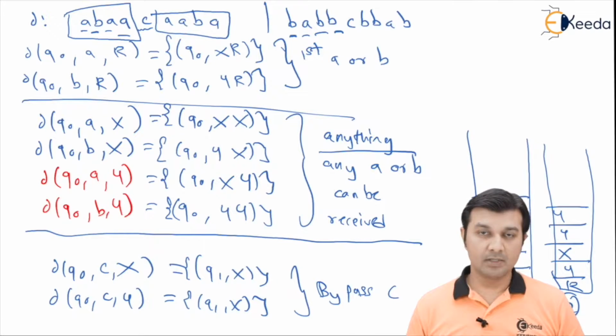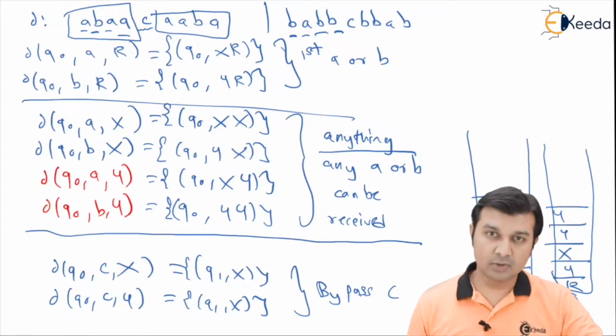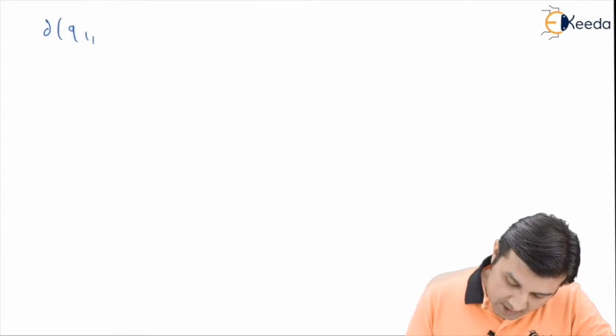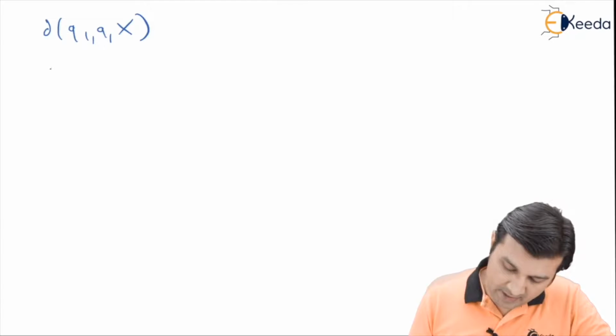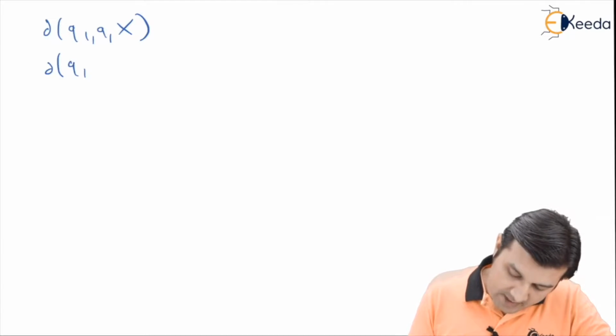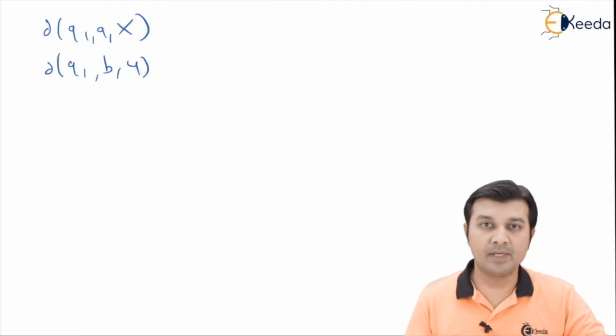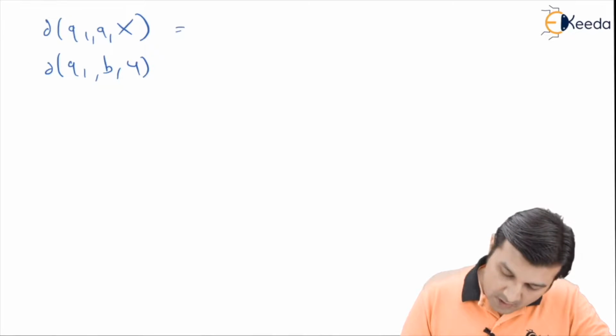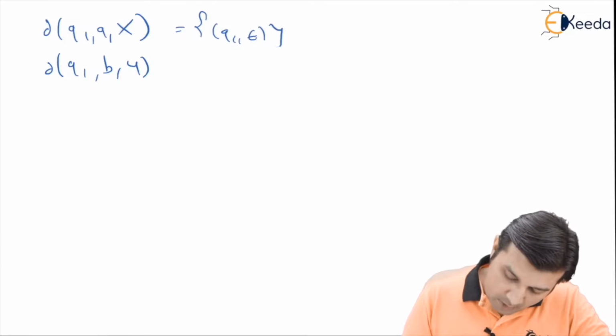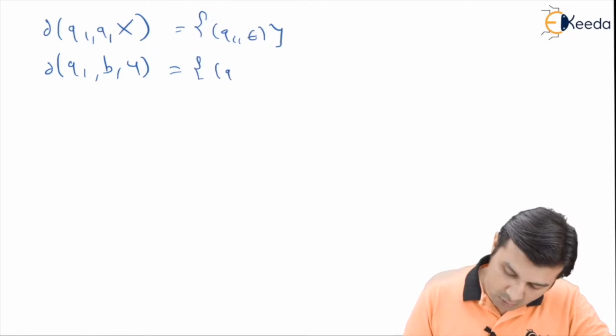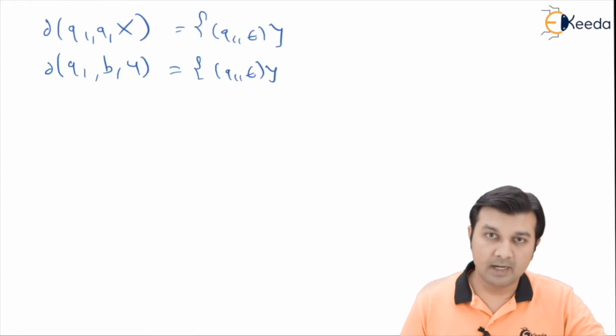So with this I say, let's go ahead. I'm in state Q1, input symbol is A and the stack top can be X, or I'm in state Q1, input symbol is B and the stack top can be Y. So in this particular case I say simply perform the pop operation, and here also perform the pop operation, right?